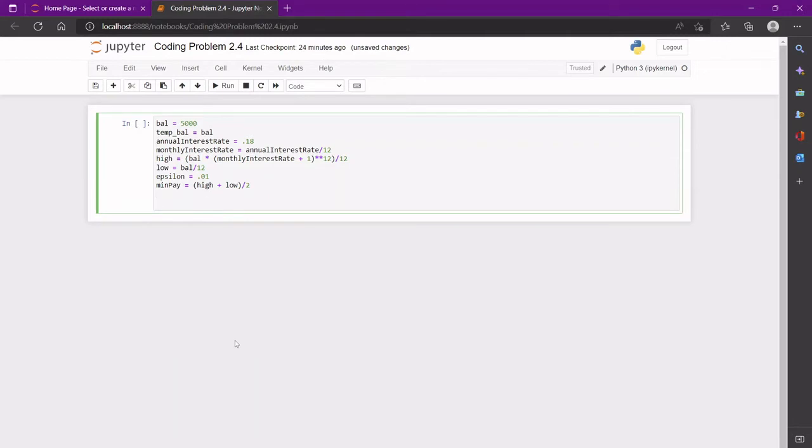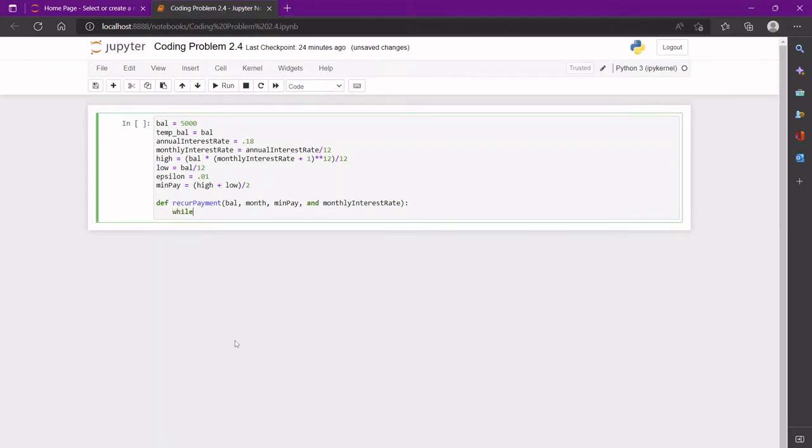All right, so now let's get on to our recursive method. So we're going to define recurring payment. We're going to have the values of the balance, the month, minimum pay, and monthly interest rate. All right, so while the month is less than 12, our balance owed is going to equal our balance minus the minimum pay.